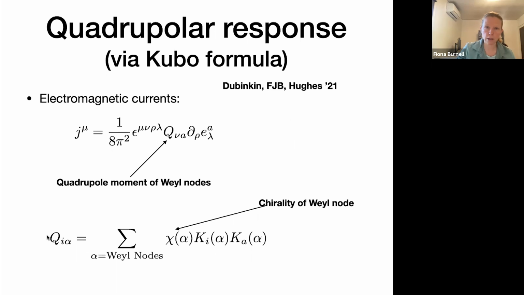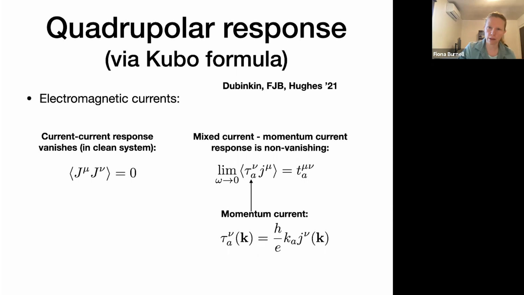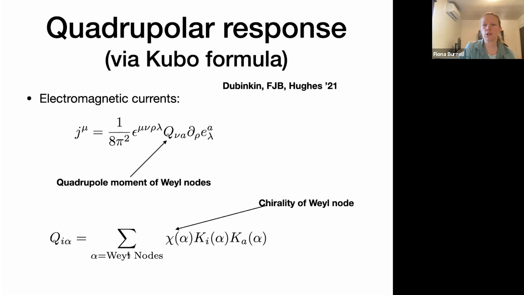So let me just define this chirality. To get the quadrupole moment of the Weyl nodes, what I do is I add up the chirality of each Weyl node. So alpha here is an index that indexes the different Weyl nodes.